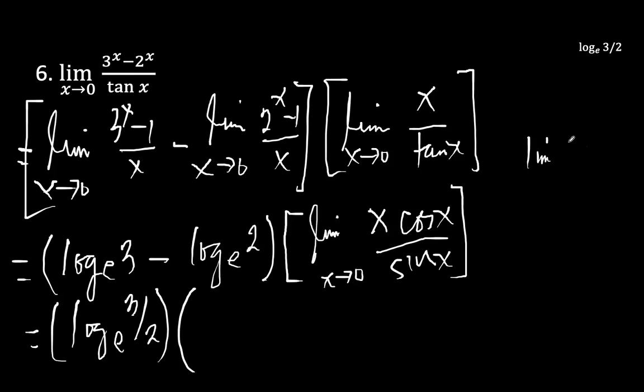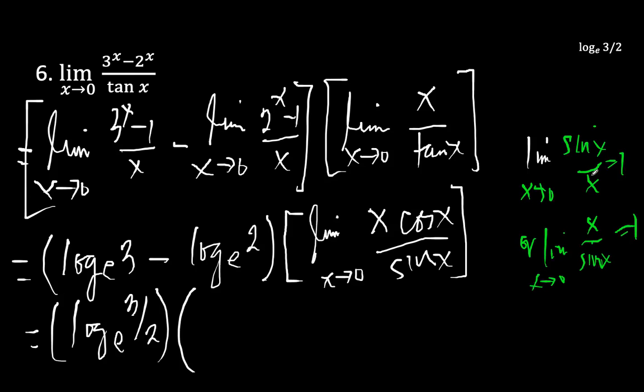The limit of sine x over x as x approaches 0 is equal to 1. Or we could say also that the limit of x over sine x as x approaches 0 is equal to 1. So we can apply this theorem to solve for the limit of this given factor.